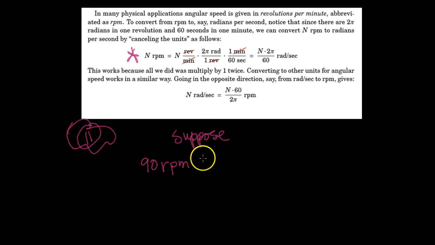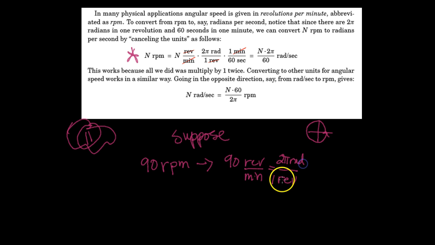So what you do is you say, okay, well, 90 revolutions per minute, and you've probably done this in the past, write it as a fraction per minute, and then you can say, well, I want to get rid of the revolutions, right? Do you agree that one revolution all the way around a circle, in terms of radians, is equivalent to 2 pi radians. Okay, so then I can cancel out those.